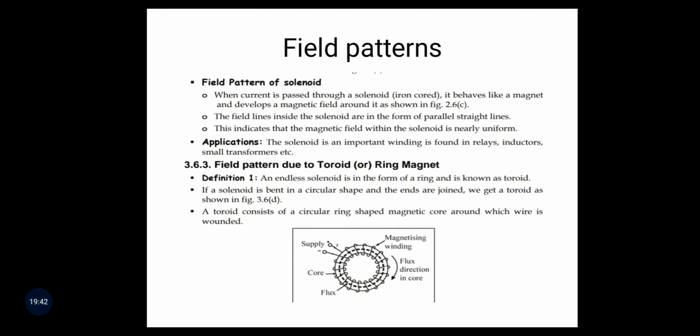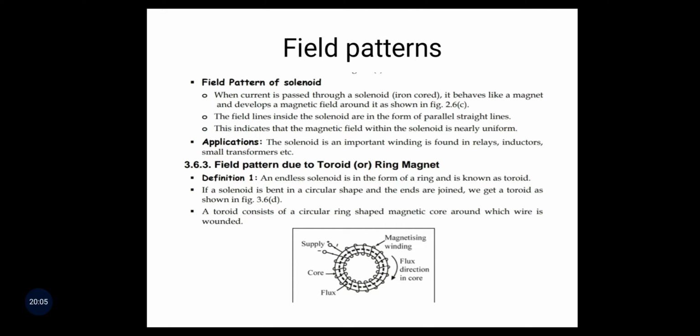Here we take a toroid and supply current to it, then flux is generated. This flux direction is shown in the slide.